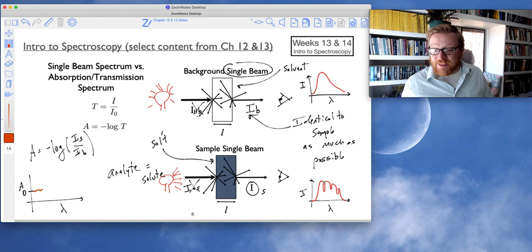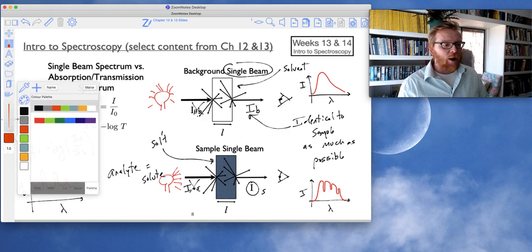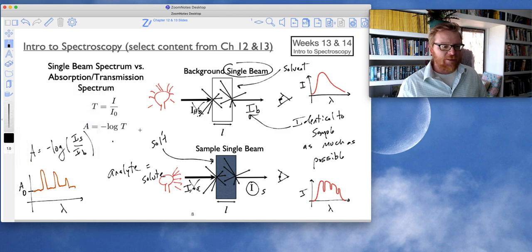And now where we see these features that have been removed, because that's the intensity of the single beam over the background, and it's the negative log, these negative intensity features will appear as positive peaks. Okay? So that is a much better description than what I did previously. So I just wanted to take some time to walk you through that. Okay?